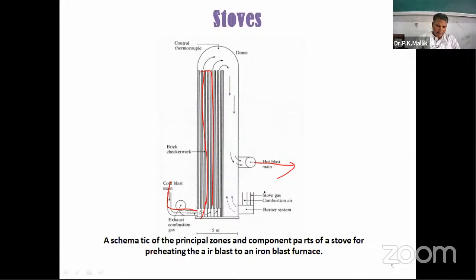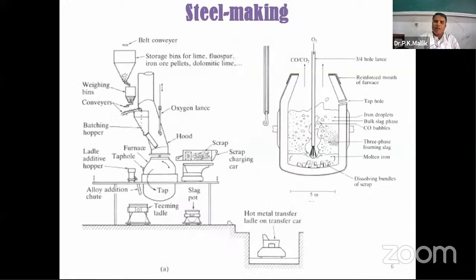So the next slide is steel making. You see this is the view of the steel making process. In this case, what happens? The molten metal produced from the blast furnace is saturated with carbon.